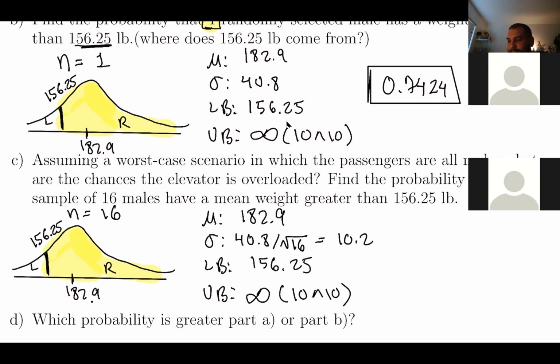So the main difference between B and C is that for C, you have to adjust the standard deviation. Any question in regard to any of that? Okay, up next, I'm going to go to the TI-83.